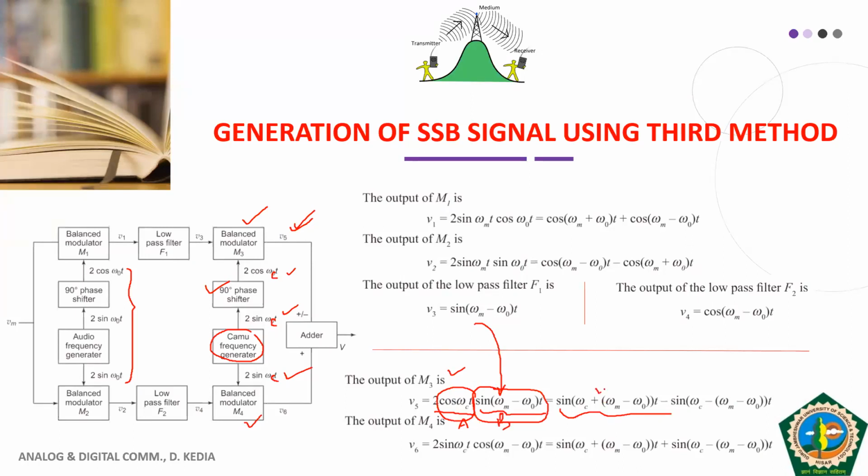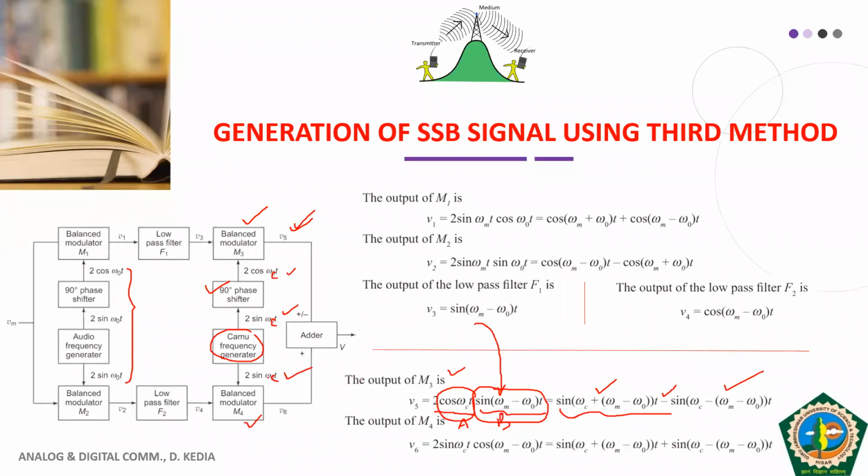Sine of A plus B minus sine of A minus B. So that's what we have got: sine of omega c plus omega m minus omega naught t, minus sine of omega c minus omega m minus omega naught t. So this is the output of your balanced modulator M3.